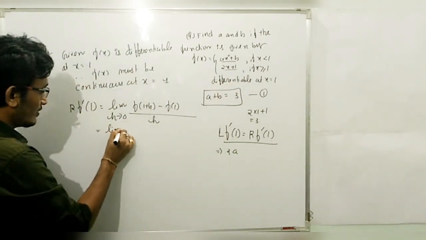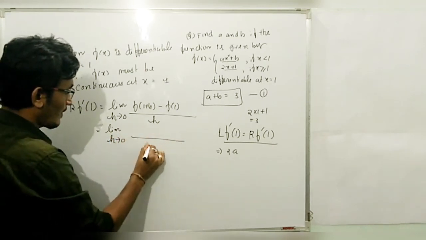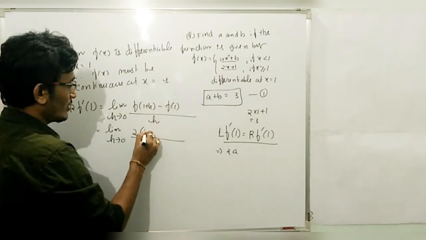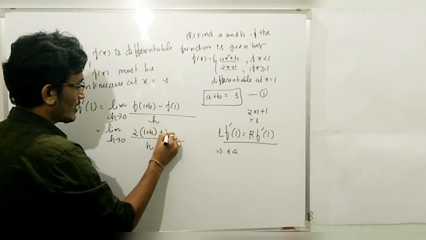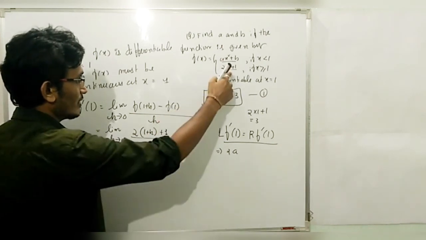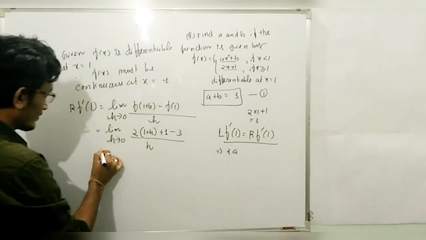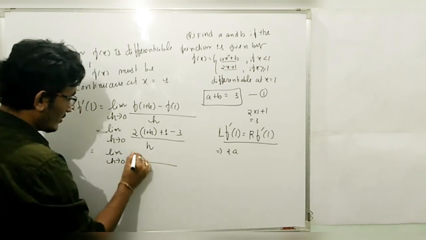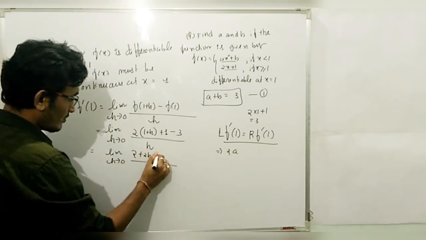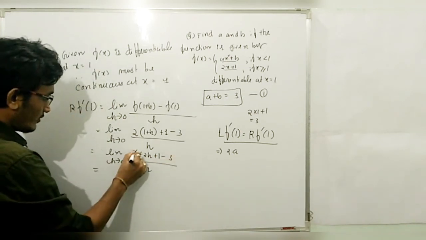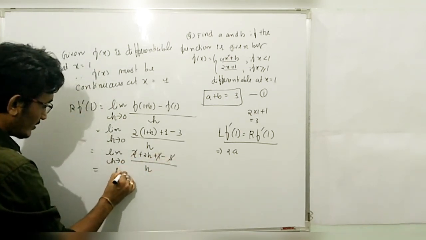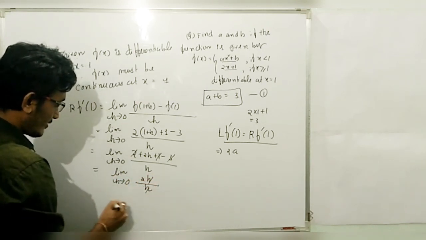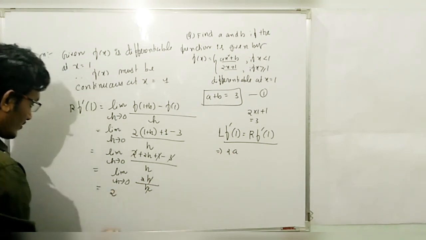So limit h tends to 0, f of 1 plus h means 2, replacing x by 1 plus h, 1 plus h plus 1, and f of 1 means it's 3. So limit h tends to 0, 2 plus 2h plus 1 minus 3. So you can cancel. So limit h tends to 0, 2h by h. So this h cancels. So here it becomes 2.